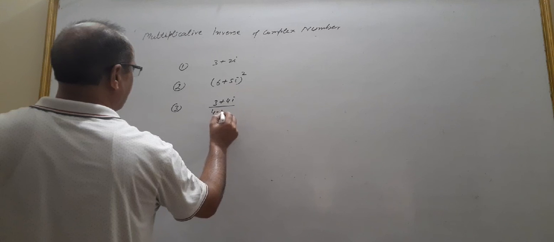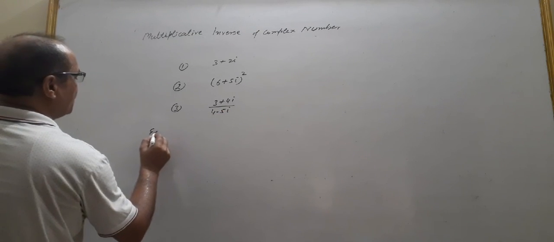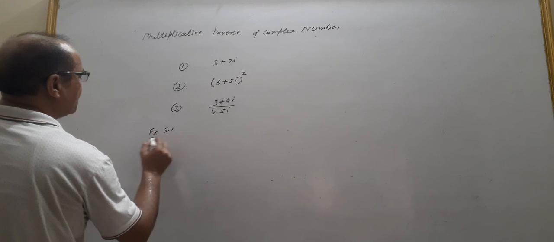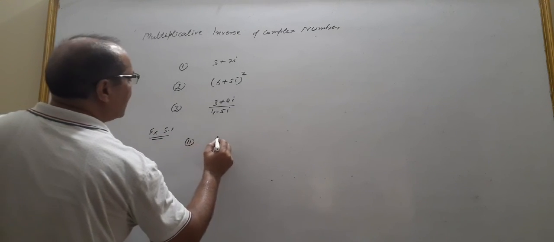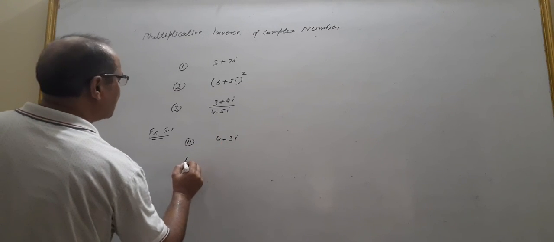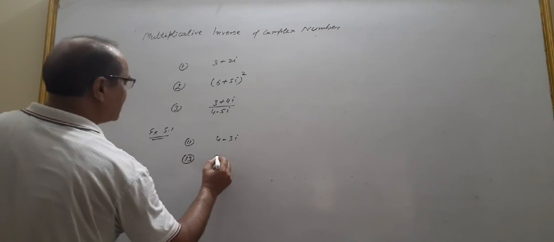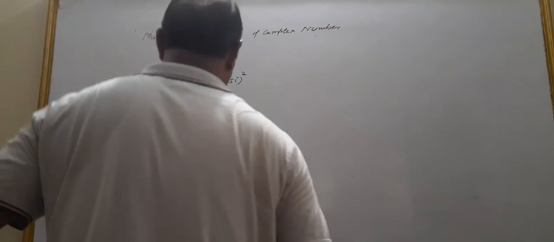And also the questions of your exercise 5.1: question number 11, write the multiplicative inverse of this, and question number 13, write the multiplicative inverse of this. These are the 2 problems of your NCERT book.